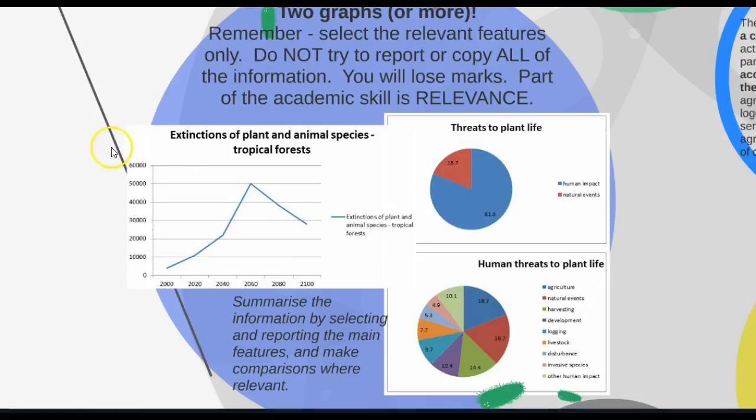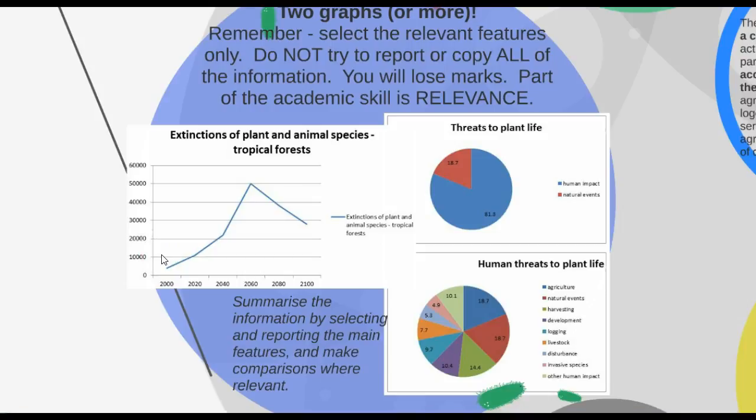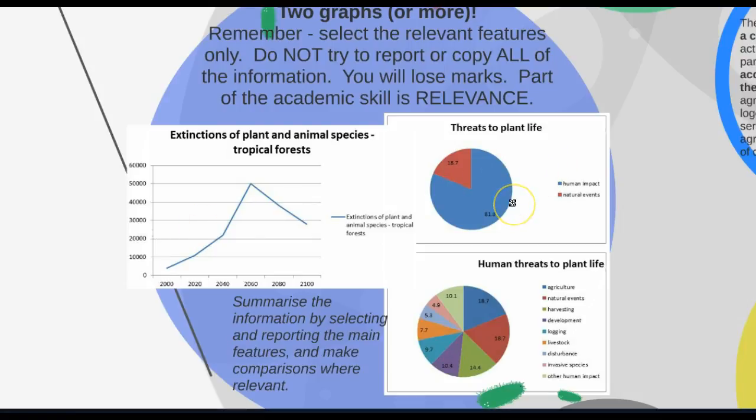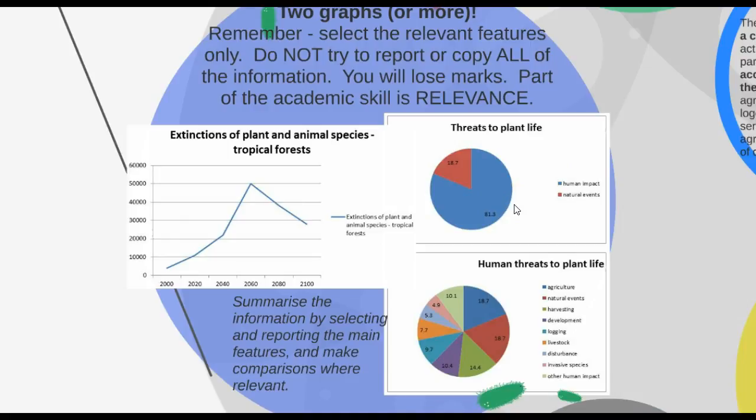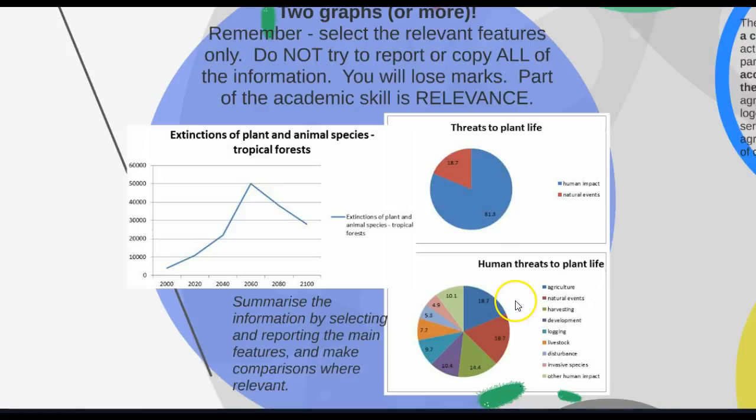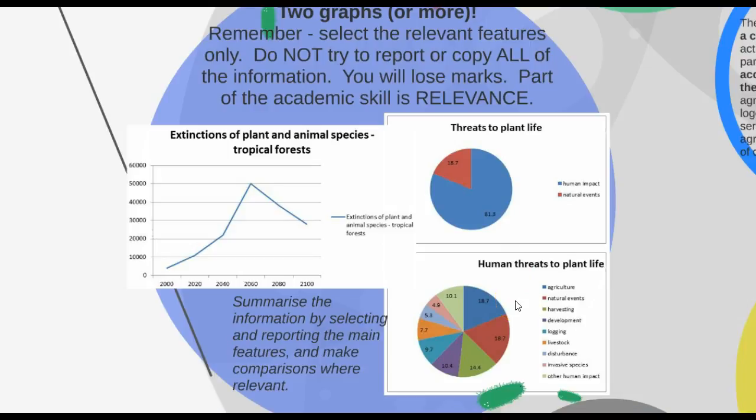And of course these numbers are so large they must represent the number of plants and animals that have become extinct. As for the pie charts, the first one is divided into 2 categories. The second pie chart deals with one category from the first one, human impact or human threats.